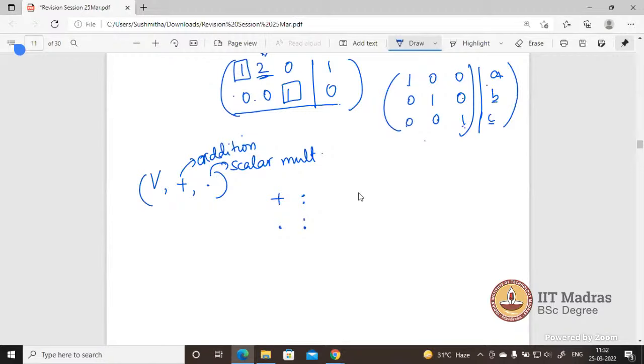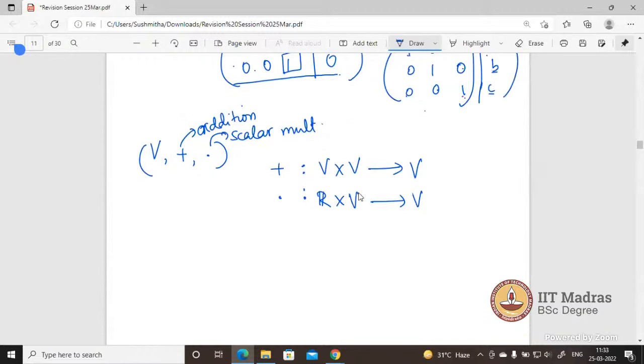Plus acts on two vectors: you add two vectors and the output is a vector. What dot does is you take a scalar and multiply it with a vector. The output should be a vector, right?